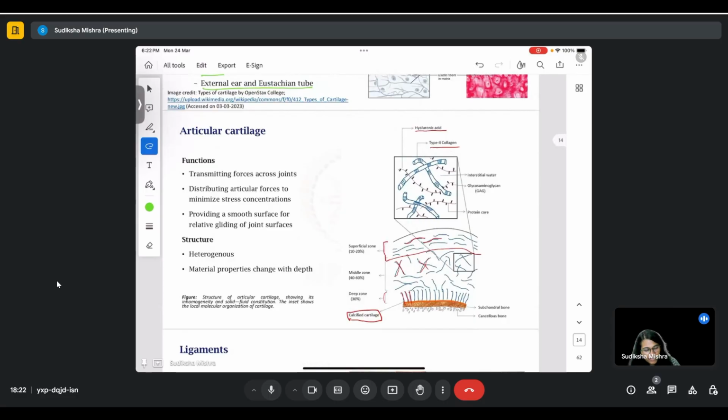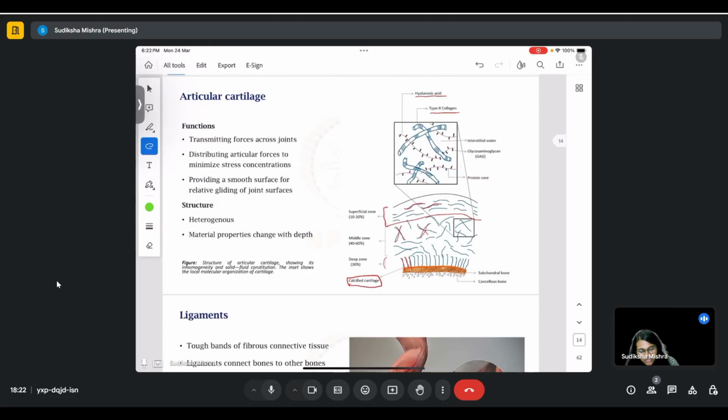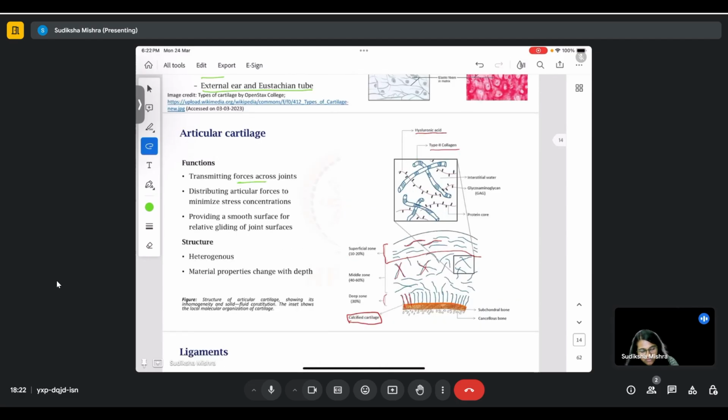Coming to articular cartilage or the hyaline cartilage, these function in transmitting forces across joints. They essentially distribute the forces such that the stress concentrations are minimized. They also provide a smooth surface for the gliding of the joint surfaces. Like if there is movement, they are responsible for ensuring that there is no wear and tear of the bone itself.